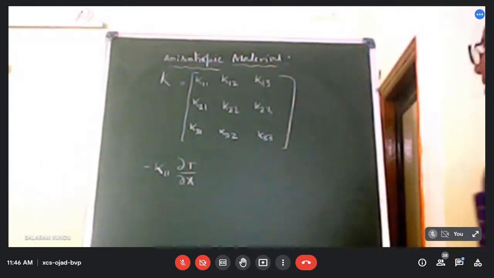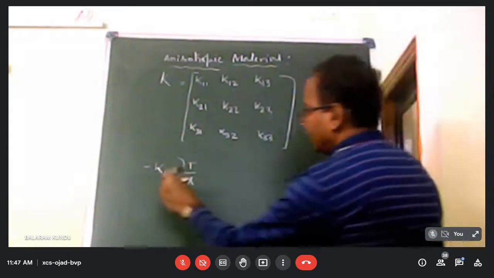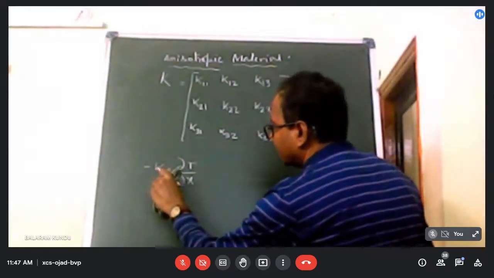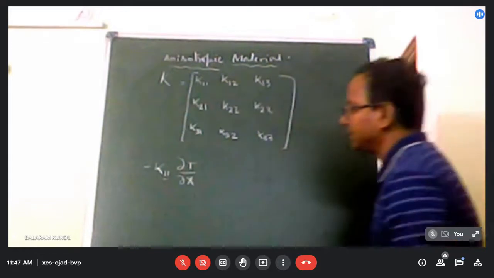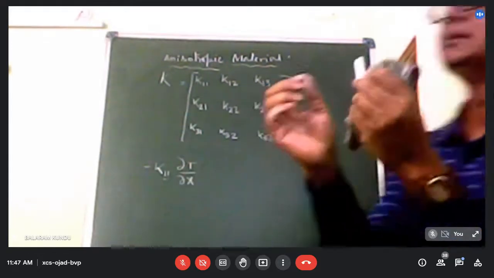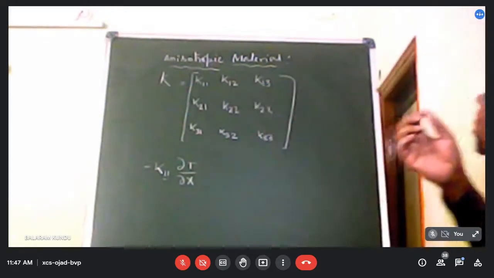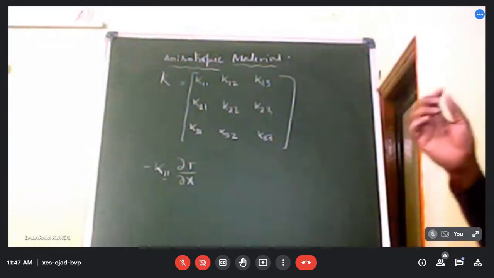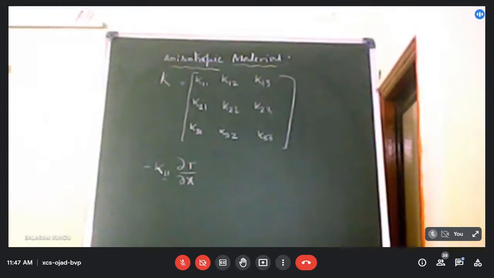Just try to understand here. In K11, the first suffix represents the direction of heat transfer, so this means the x component of heat flux.